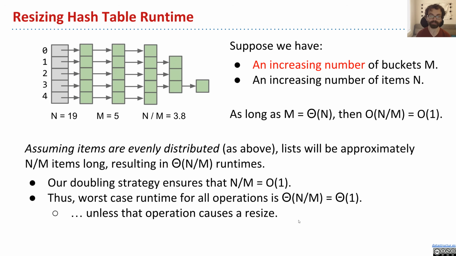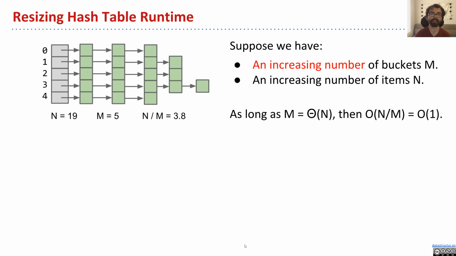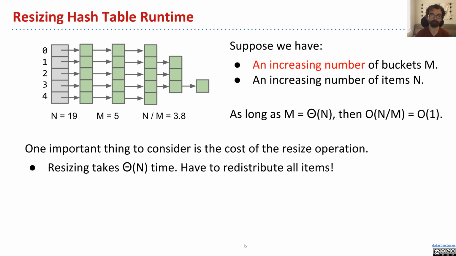Now the one issue we have to keep in mind, of course, is that some operations will trigger a resize. They will actually cause a new entire array of buckets to get built and all these items to get moved over. And so let's talk about resize runtime. Resizing will take theta n time because every single item needs to be redistributed into my new set of buckets.